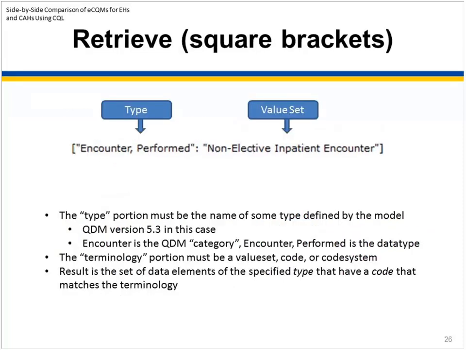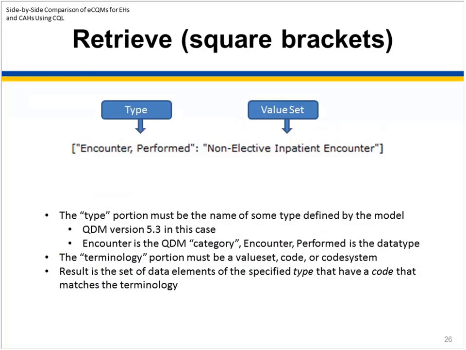So digging into that retrieve, these are the data elements of the measure. So where the QDM had all the data elements available, and you could reference them within the QDM logic, CQL makes the same data elements available, but they're always referenced within the CQL using these square brackets. So whenever you see square brackets, that's a retrieve. The retrieve has two main parts.